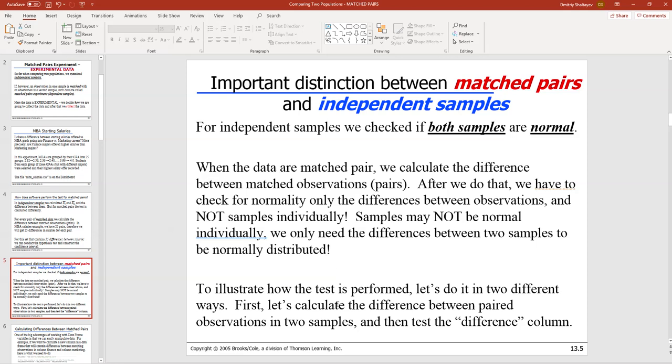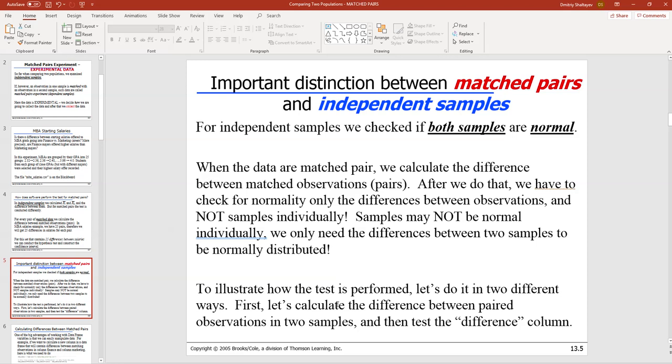Because the matched pairs t-test is performed differently, we're testing the column of differences between sample 1 minus sample 2. What's important for us is that our samples may not be individually normally distributed. We don't care really, okay? The only requirement in order to perform the t-test for matched pairs is that the matched differences are independently normally distributed.